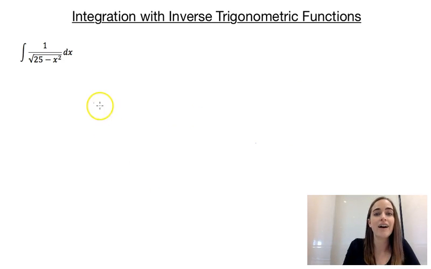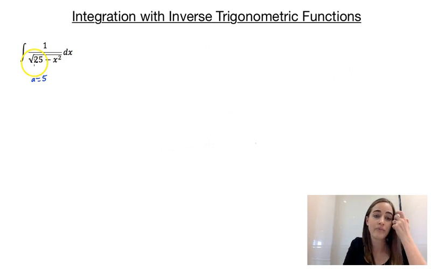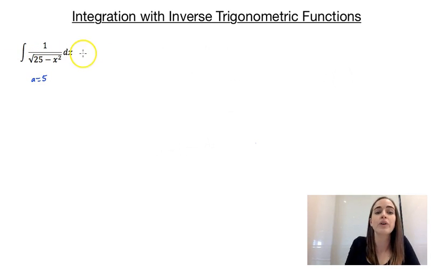So our first example asks us to integrate 1 over the square root of 25 minus x squared. So in here, our a would be 5 because 5 squared is equal to 25. Then if we have a look at the format of that, we know that it's going to give us sine inverse of x on 5 plus c.